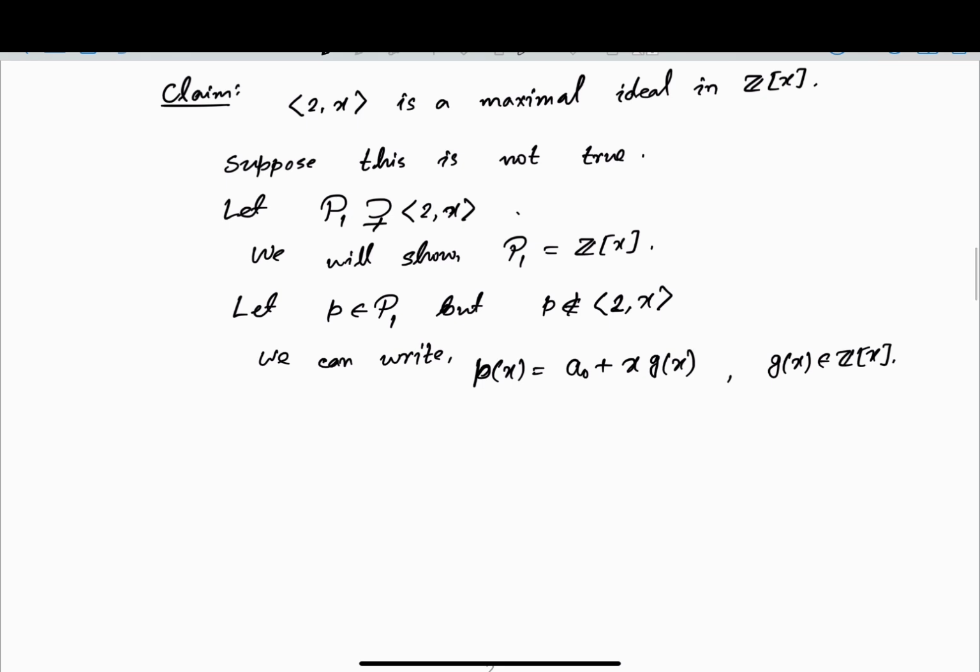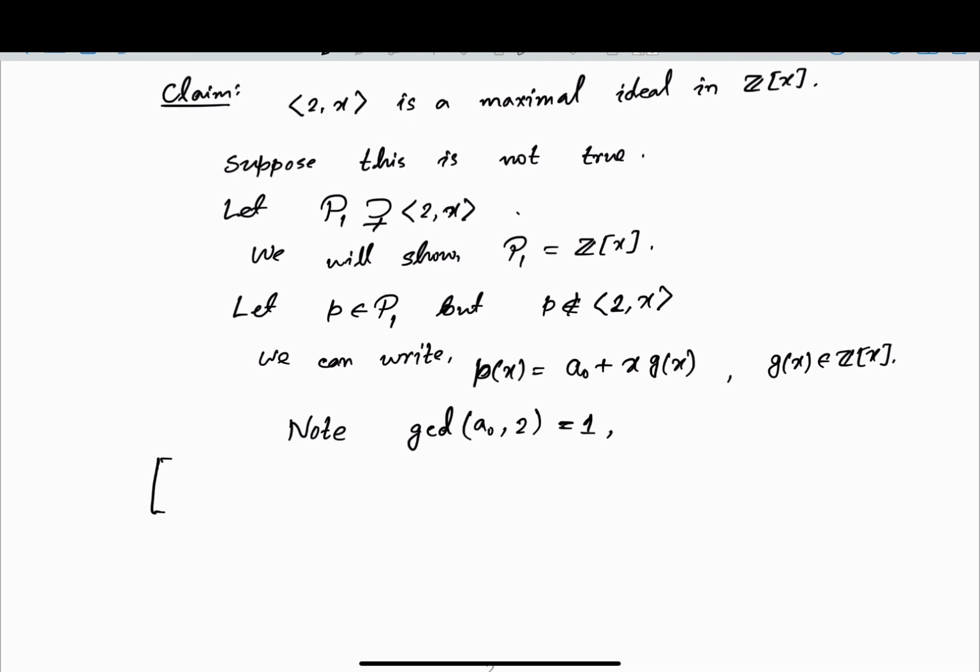Now note an important fact: a naught cannot be a multiple of 2, it should be coprime to 2, right?